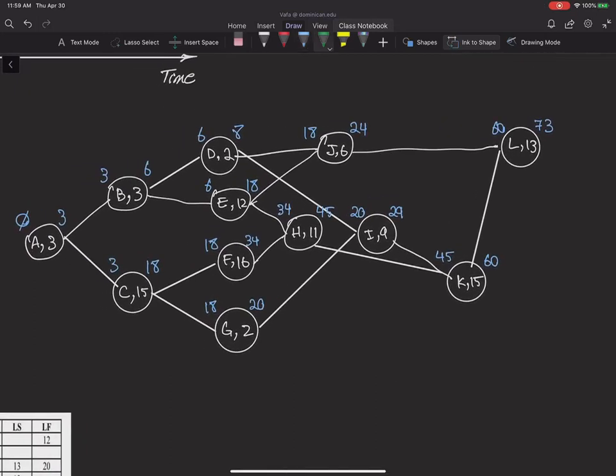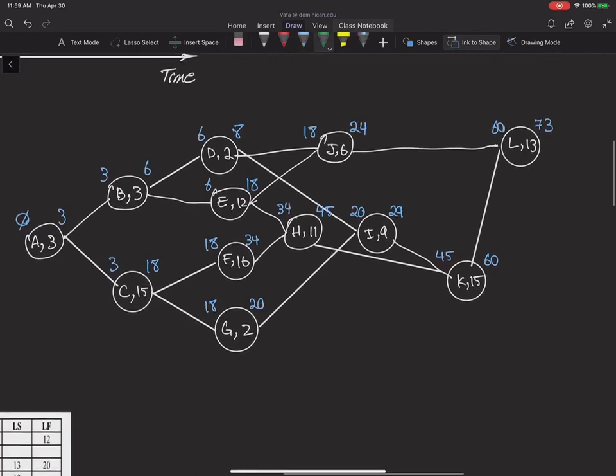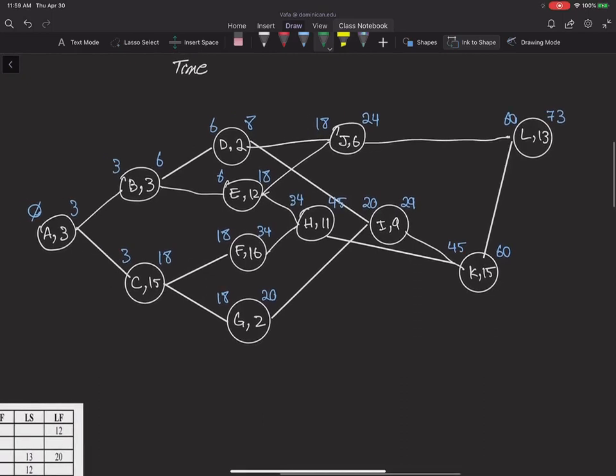Now let's do the backward pass real quick and see if we can find all the late starts and late finishes. So I start from the latest activity. 73 minus 13 will give me 60 for the late start of activity L. So therefore late finish of activity K and activity J would be 60.